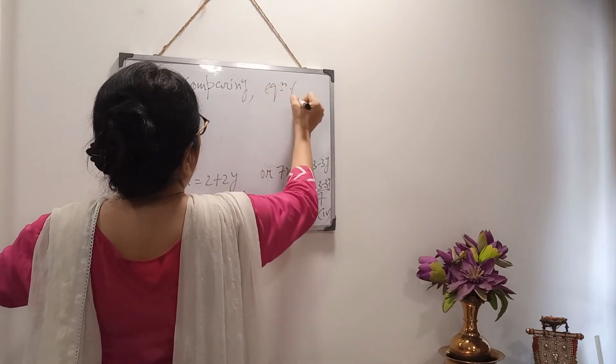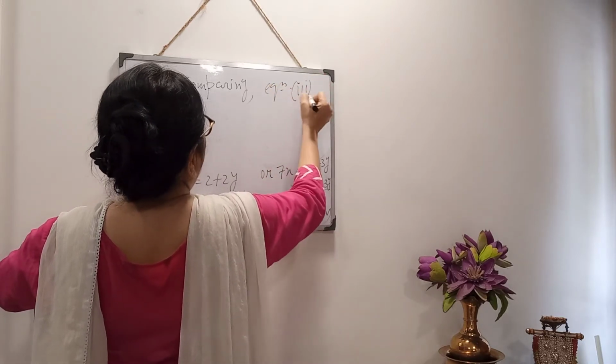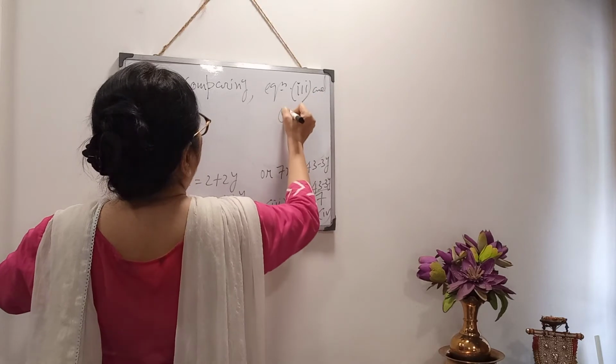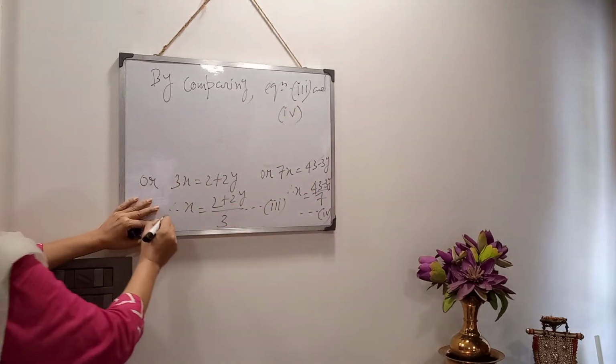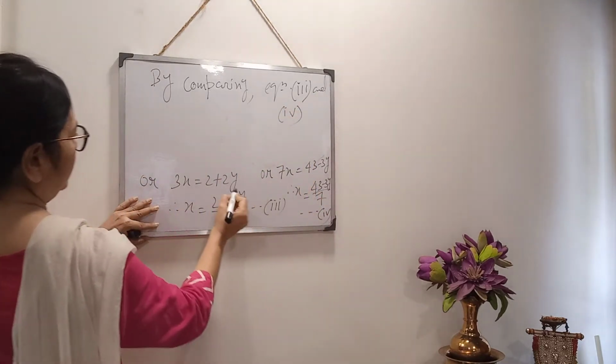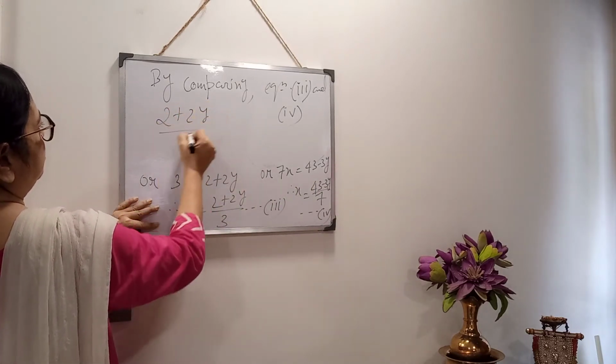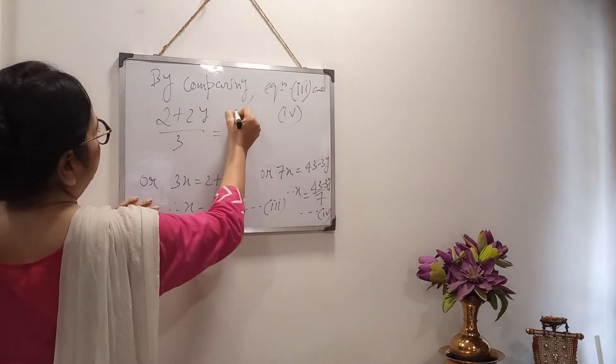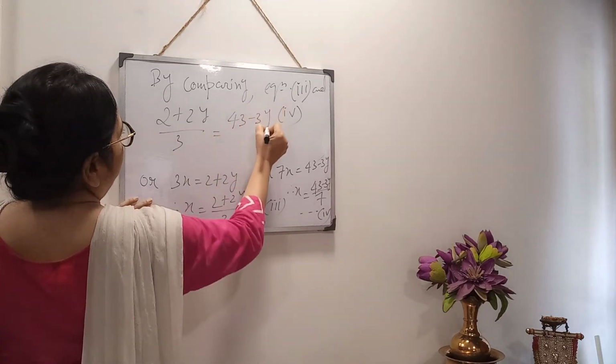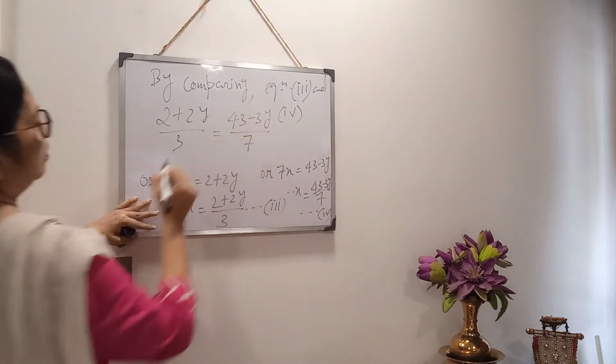Equations 3 and 4. You have to mention here. Equation 3 and 4. So x equals to that and x equals to that. So right hand side you can now write 2 plus 2y by 3 equals to 43 minus 3y by 7.